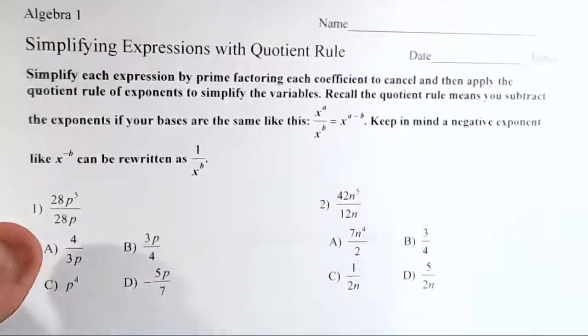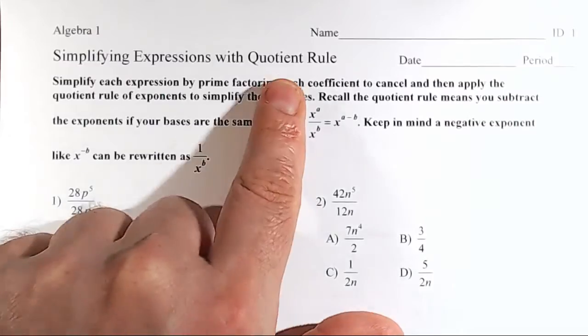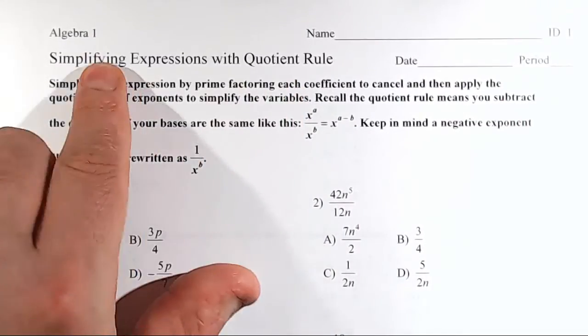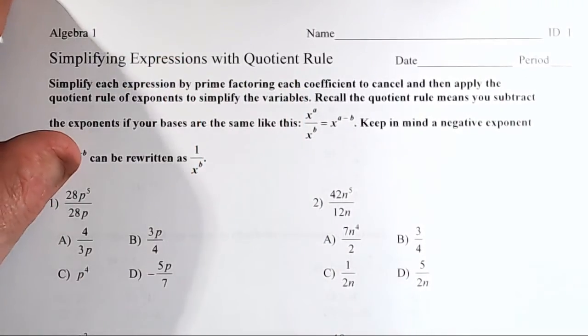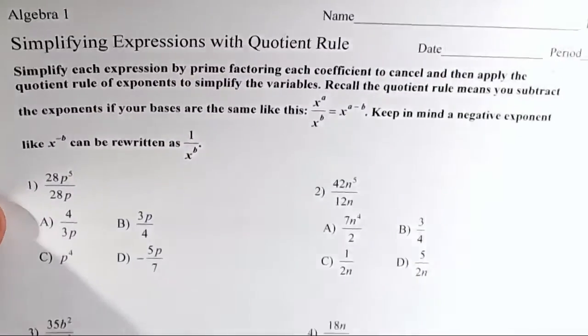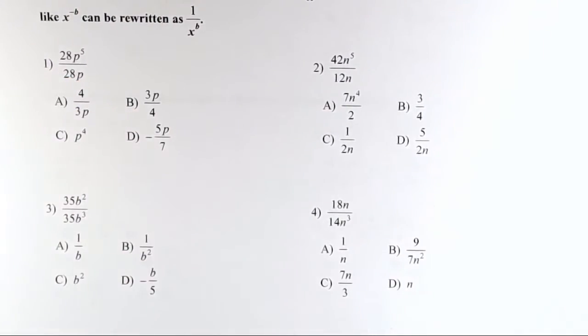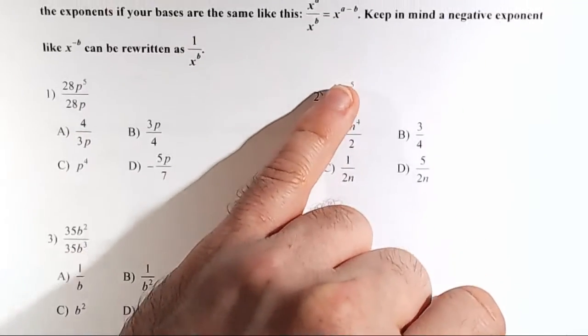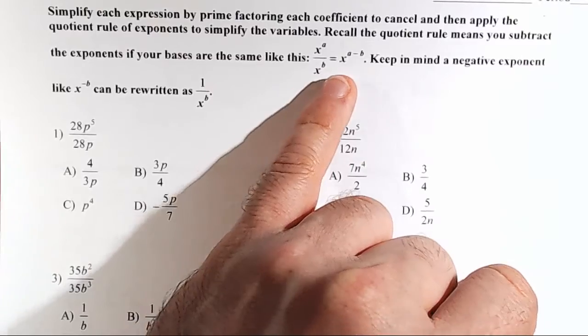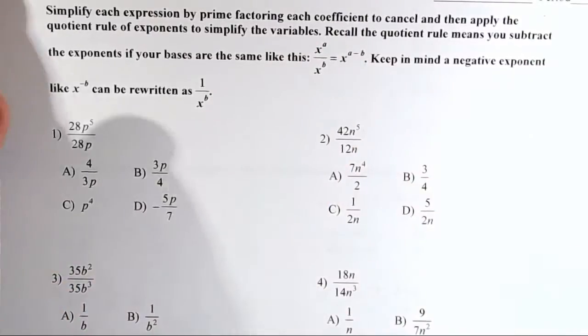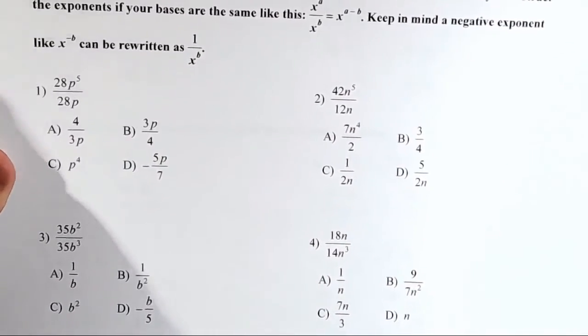Then we're going to learn about the quotient rule for exponents, and we'll use that quotient rule to simplify expressions. You see these problems here? They look hard, but they're really not hard. You just have to learn the quotient rule, which is right here, and we'll talk about what the quotient rule is. It's like the opposite of the product rule.